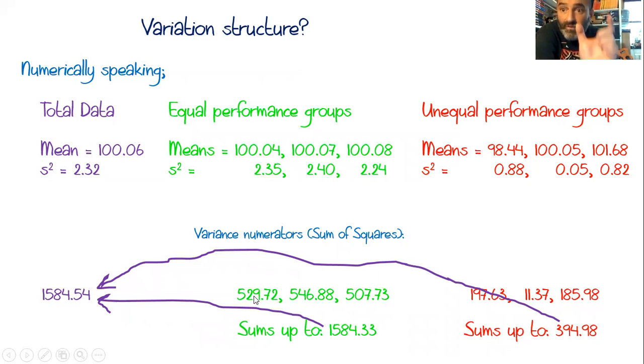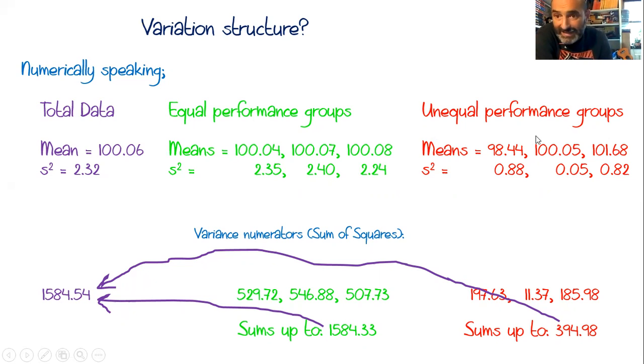you're going to find the within group variation. The within group variation for the first case, where performance seemed to be equal, is 1584.33, 1584.54. You could see that almost all the variation in the total data is made of the within group variation here in equal performance groups.